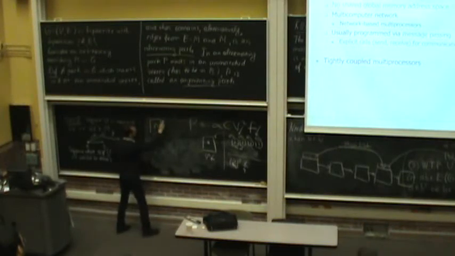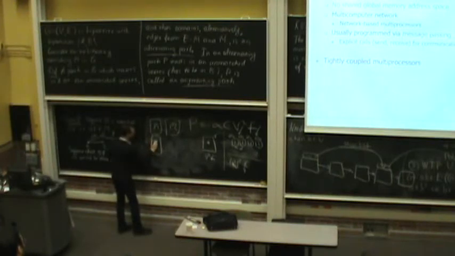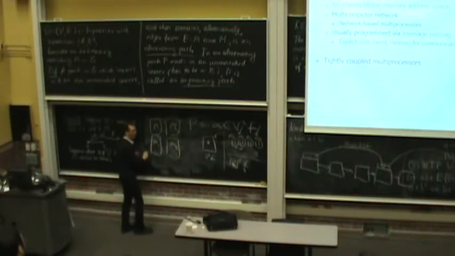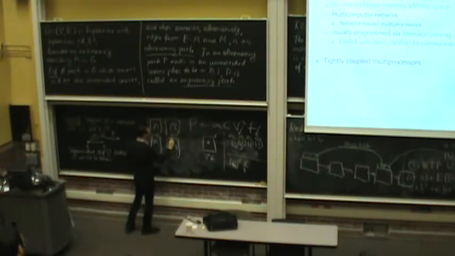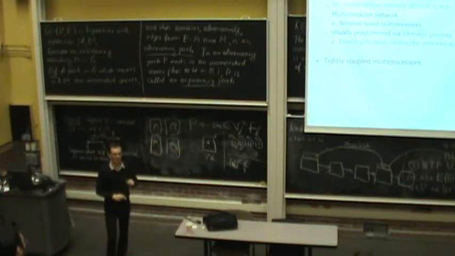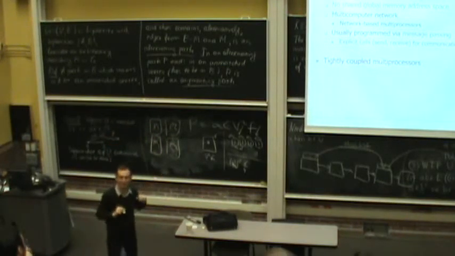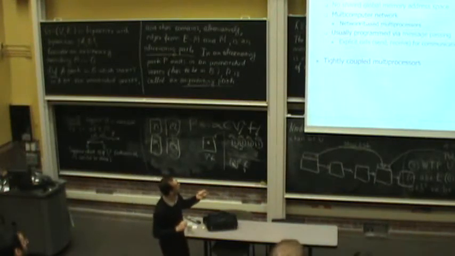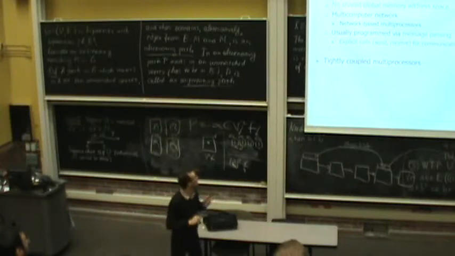This is processor 1, this is processor 2, memory 1, memory 2, and this processor cannot reference this memory. When this processor references memory, it's always to memory 2. You can think of memory as partitioned, if you will, between these different processors, and they cannot reference each other's. So this is essentially a multi-computer network-based multiprocessor.